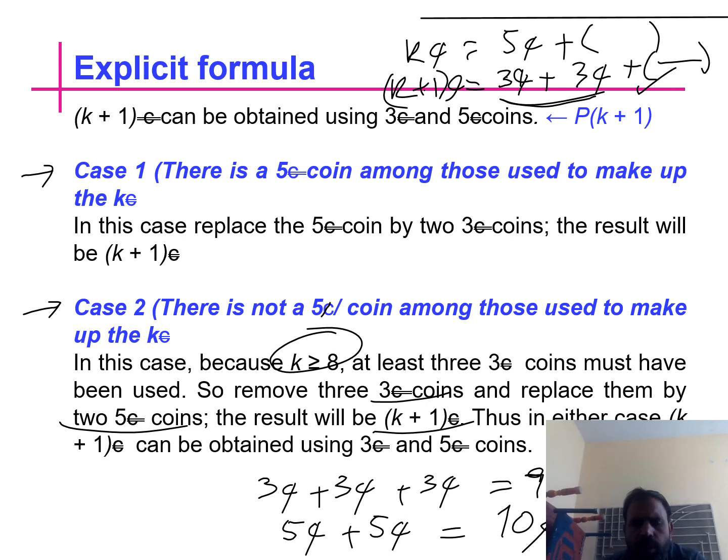So remove three 3 coins and replace them by two 5 coins. The result will be k plus 1. Thus, in either case, k plus 1 can be obtained using 3 and 5 coins. You can say 9 coins is 3 plus 3 plus 3, and for 10 coins, it will become 5 plus 5.